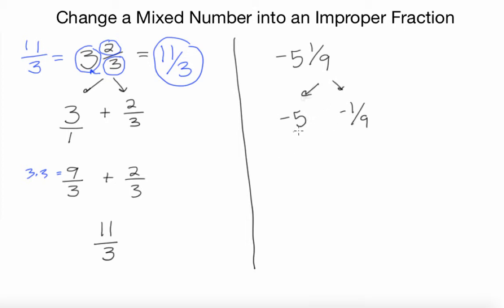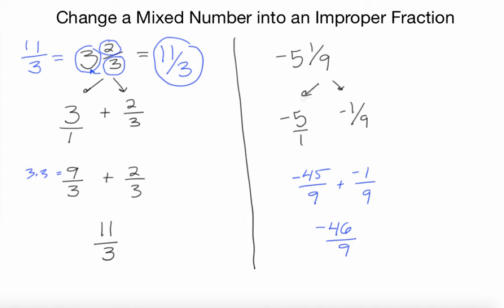I can rewrite -5 as -5 over 1. I want to find common denominators, so I'm going to multiply by 9 to get -45 over 9 plus -1 over 9. And now we can see that the improper fraction is -45 plus -1, which gives me -46 over 9.